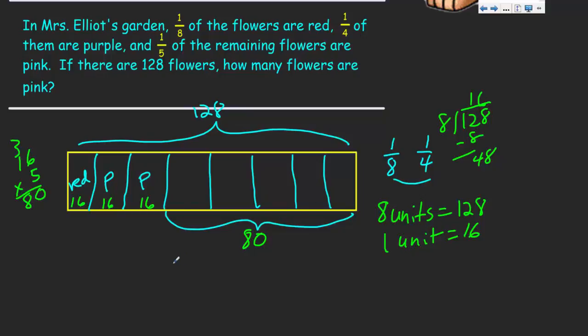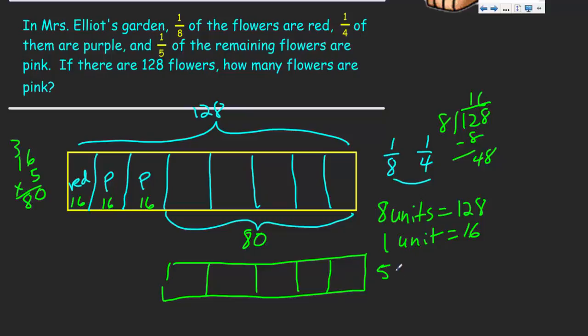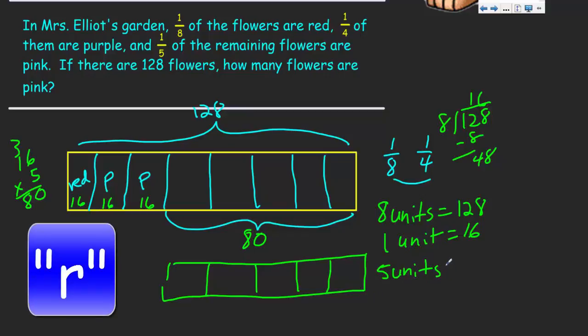Let's draw another tape diagram down below here. Here are my 5 units. That's my 80. And what we're trying to find is 1/5 of the remaining flowers, which was 80. So on this tape diagram below, we have 5 equal units, which is equal to 80, okay?